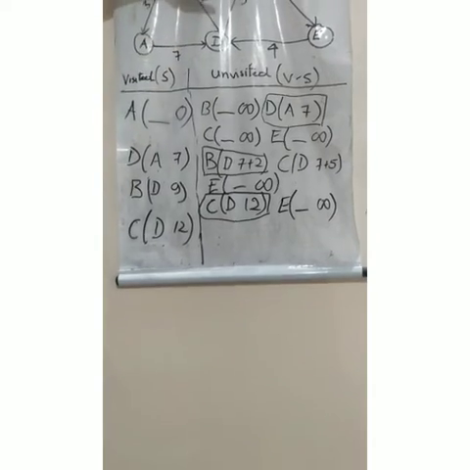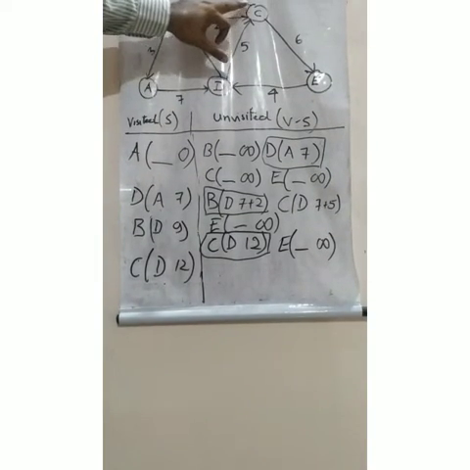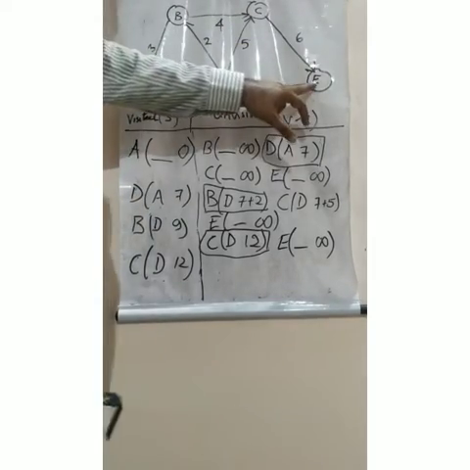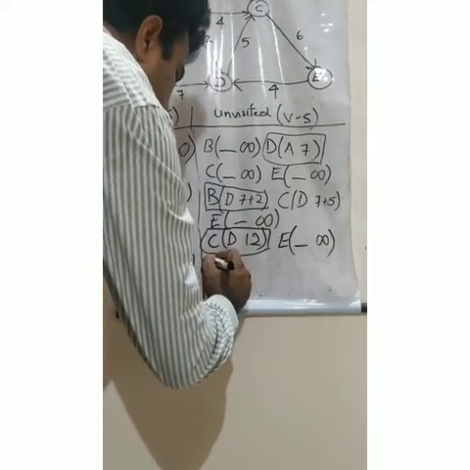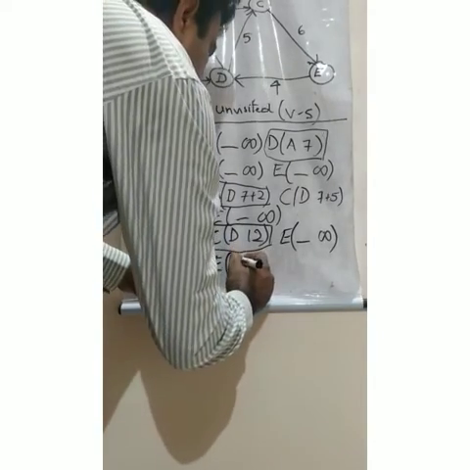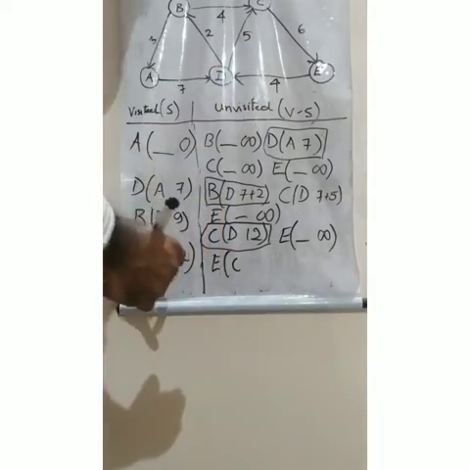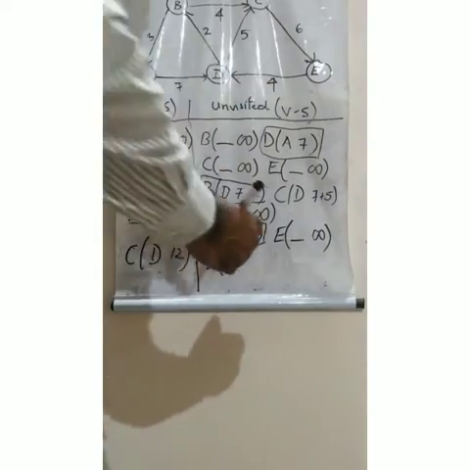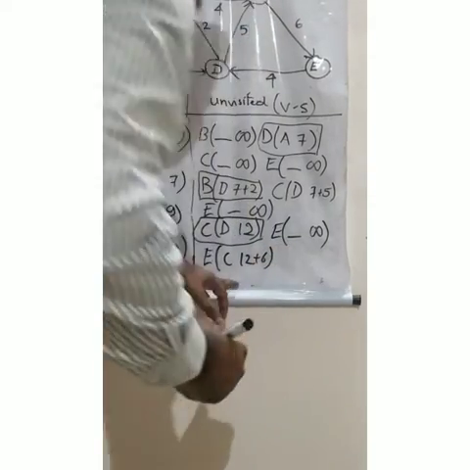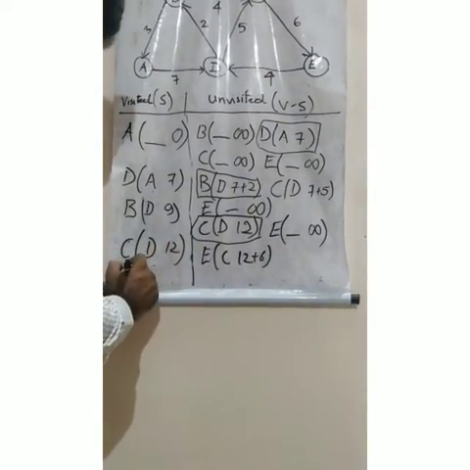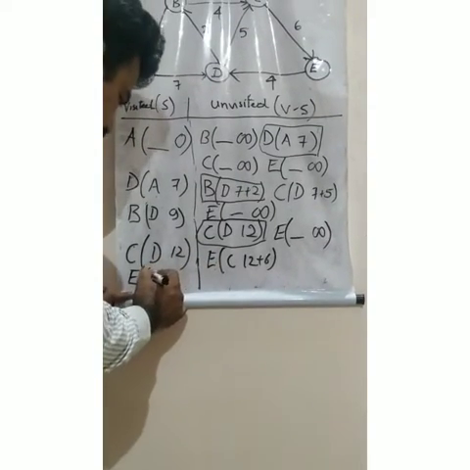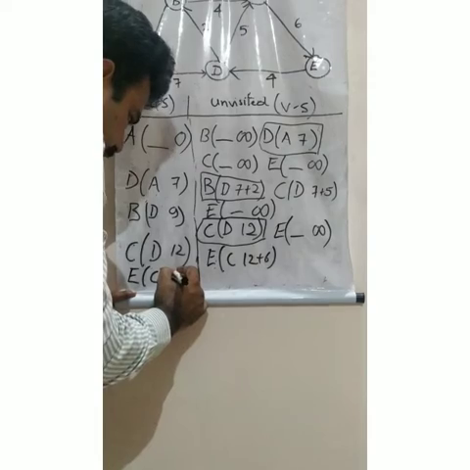Once we reach C, we can reach E. E is connected, so for E the source is C, and for C it takes 12 plus 6. Now we are left with only one vertex, that is E. The source is C and the distance is 18.